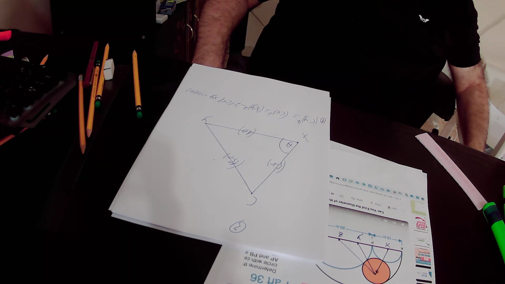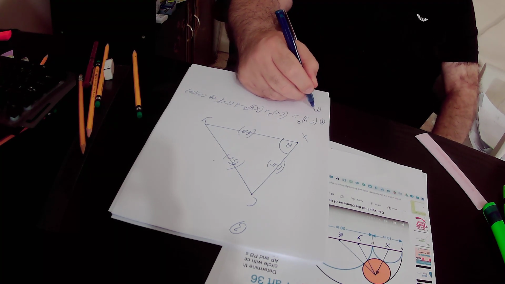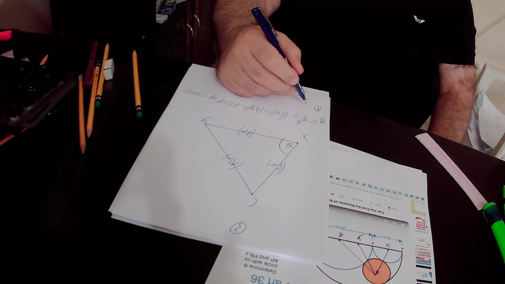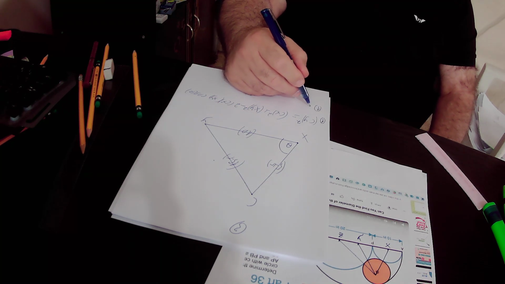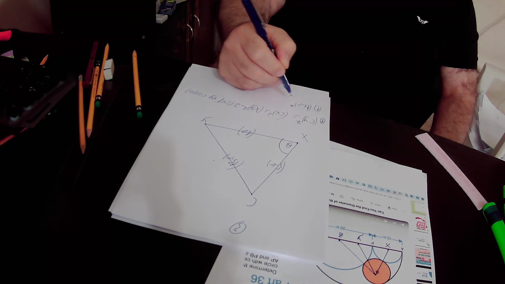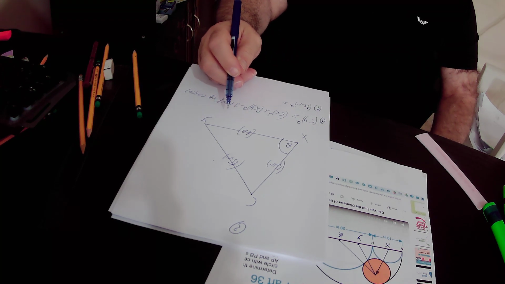We know that CY is equal to 15 minus r, so we substitute CY by 15 minus r. So CY squared will be equal to (15 minus r) squared. That equals CX squared.